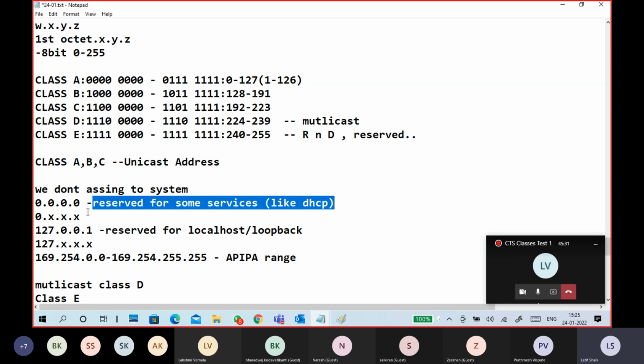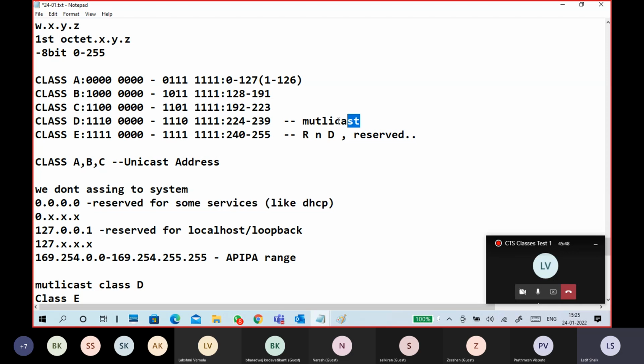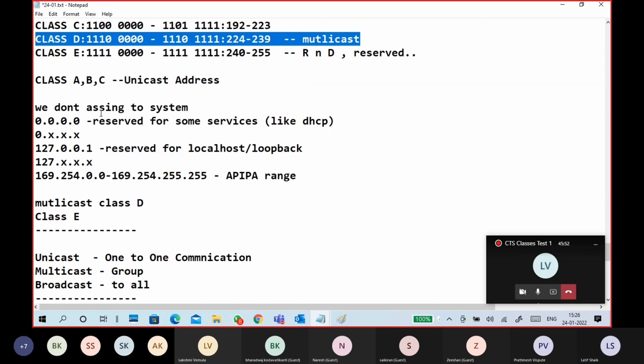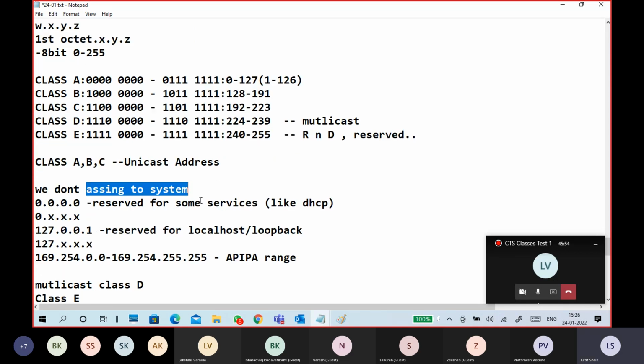Class B is 128 to 191. Class C is 192 to 223. Class D is 224 to 239. Class E is 240 to 255. Class D is a multicast address, so usually we don't assign class D IP addresses.